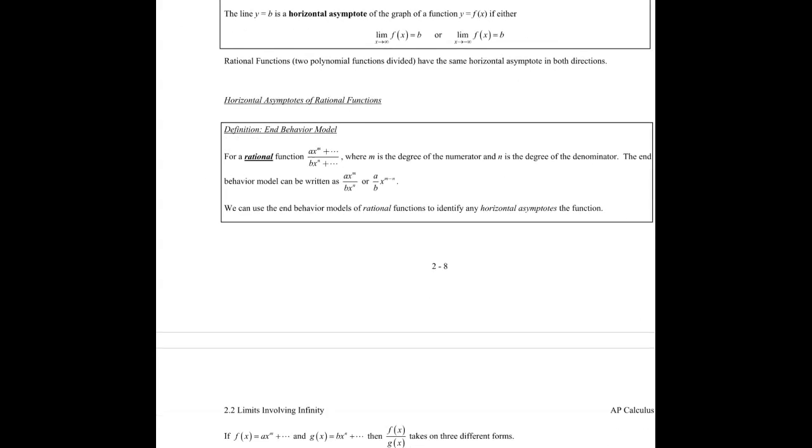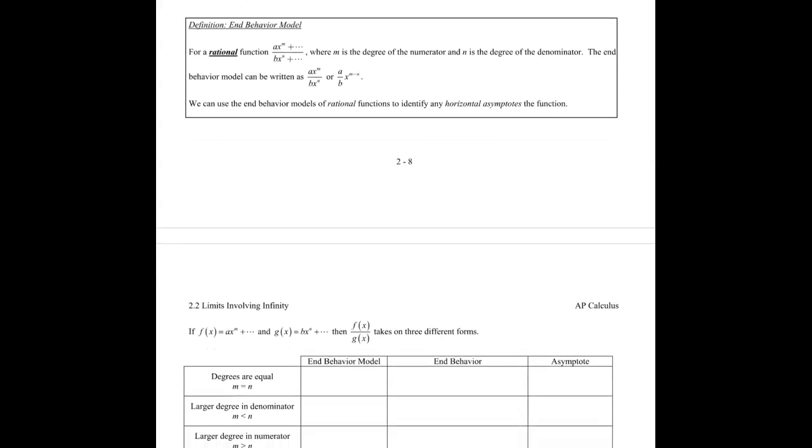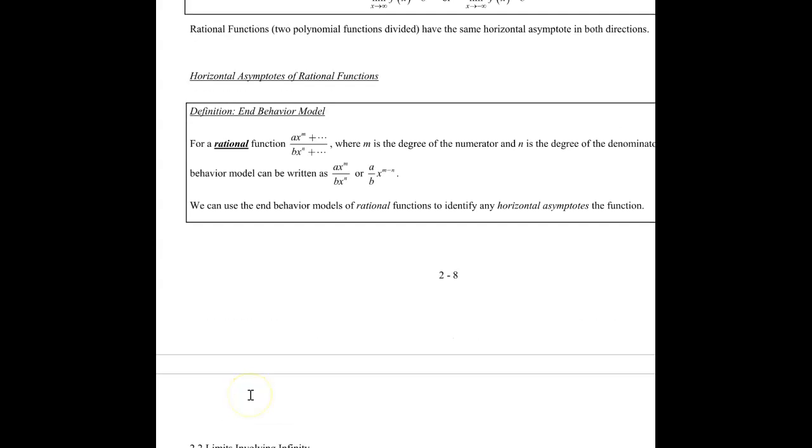Alright. So, horizontal asymptotes on rational functions are actually pretty nice. We talked about this a little bit last year. It's actually the same chart as last year. So, for rational functions, I'm going to have just my lead terms. I've got ax to the m over bx to the n, where m is the degree of the numerator and n is the degree of the denominator.